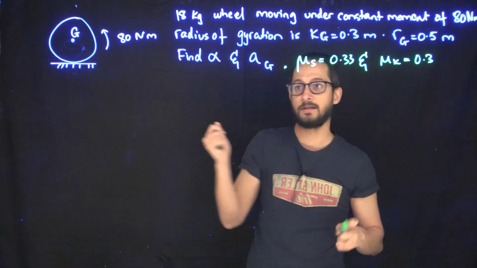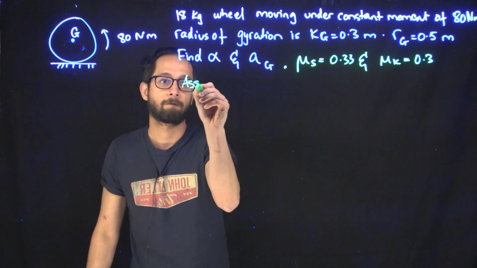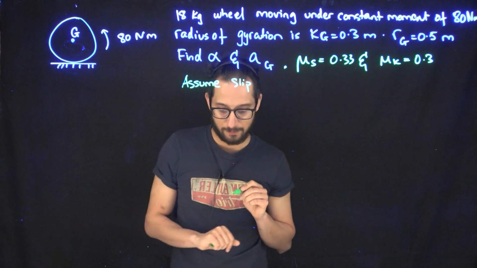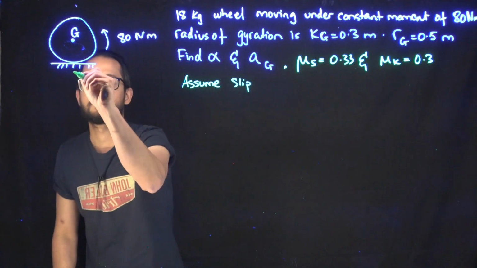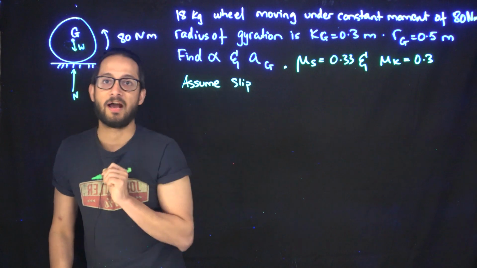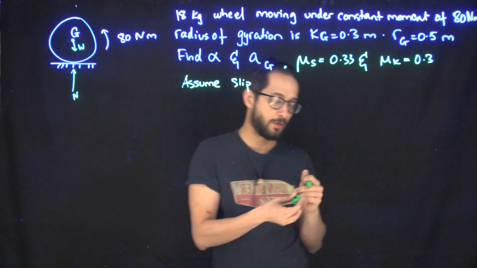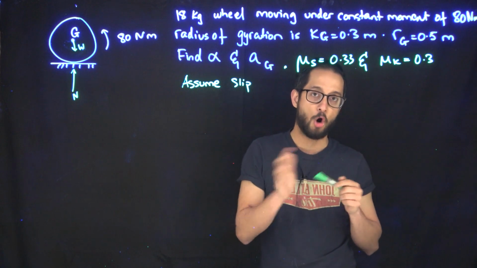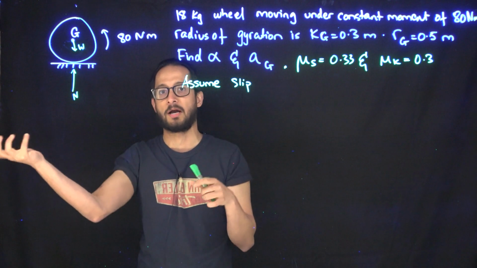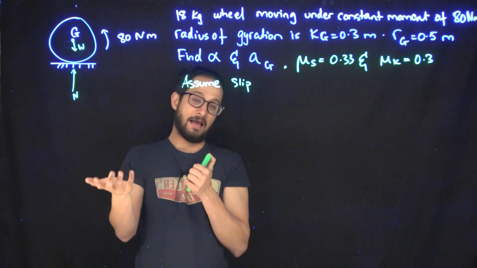So to start off with, let us assume slip. When I'm looking at the free body diagram for this, I have my normal force and my weight. The key thing is that when you're assuming rolling without slipping, you can assume the direction of the frictional force and it's going to work out. But when sliding is happening, you need to know the direction in which slipping is going to happen.